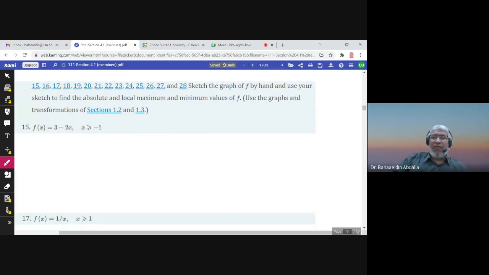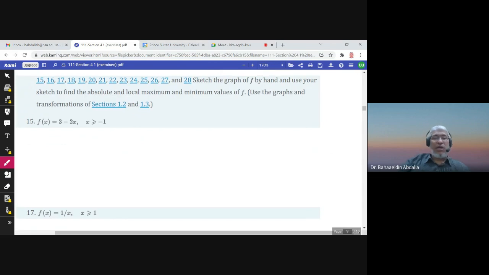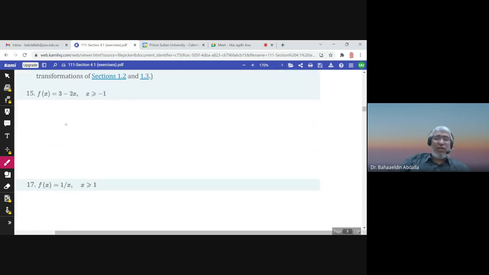Sketch the graph of f by hand and use your sketch to find the absolute and local maximum and minimum values. So he needs us to graph, and then we use the graph to find the local maximum and minimum values and absolutes. And use transformation. Well, the first function is a straight line, and x is greater than or equal to -1.